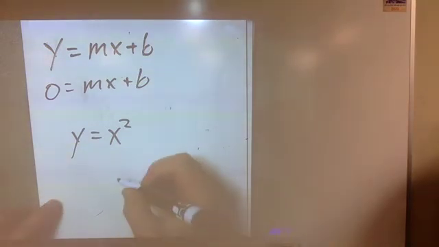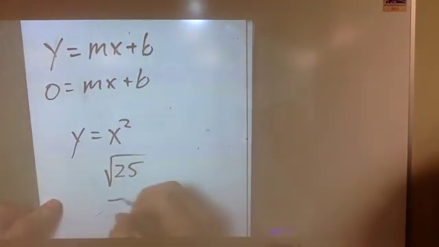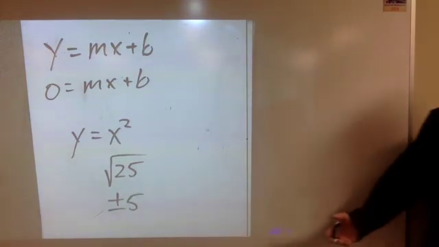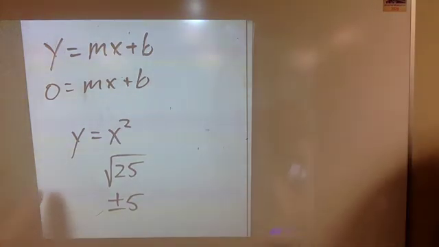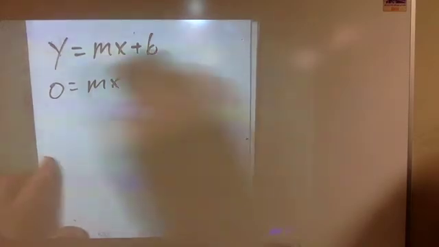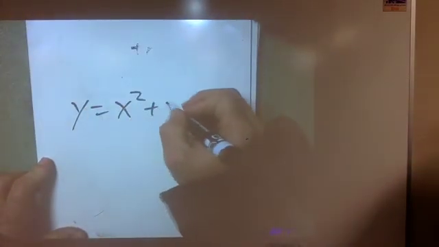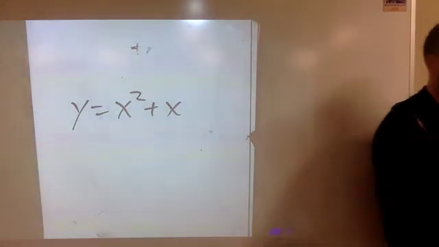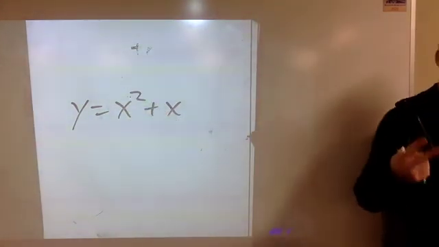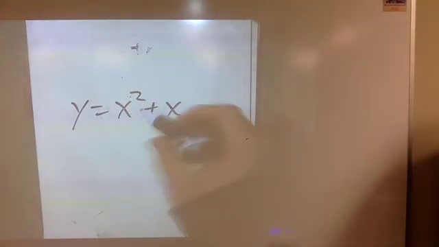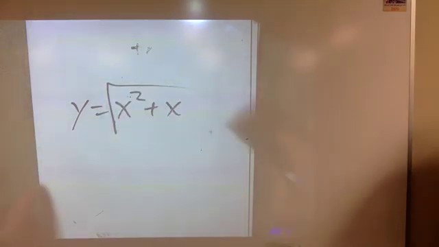And that's because when you take the square root, let's say x squared is 25, when you take the square root of a number, you get a positive and a negative answer. So you have two answers. Now, if you have an x squared and an x, say you have this, you're still going to have two answers. Whenever you see the x squared, you're going to have two answers. It's just you can't take the square root of that.